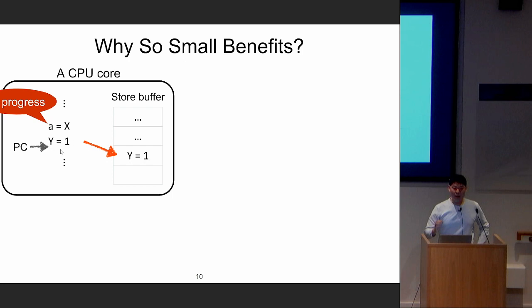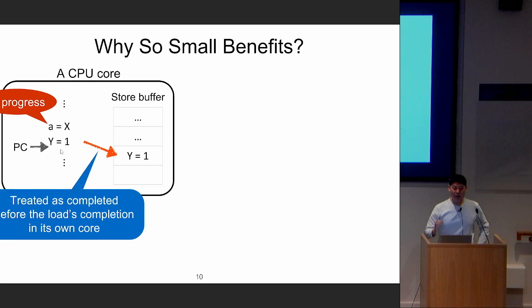At this point, inside the CPU, once this store is sent to the store buffer, it is considered completed. So you can keep executing the later code, even though the load is not completed. So inside the core, load-store reordering happens. An incomplete load does not prevent executing further instructions, okay? So internally, inside the core, it happens, but externally, it's not observable.